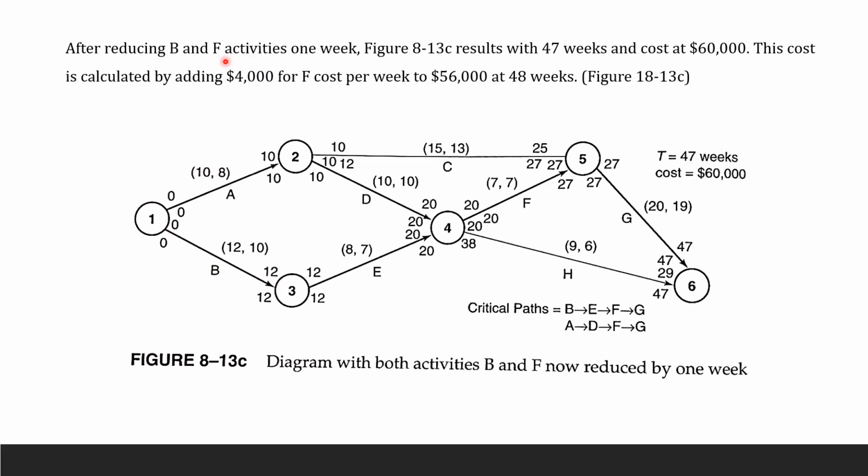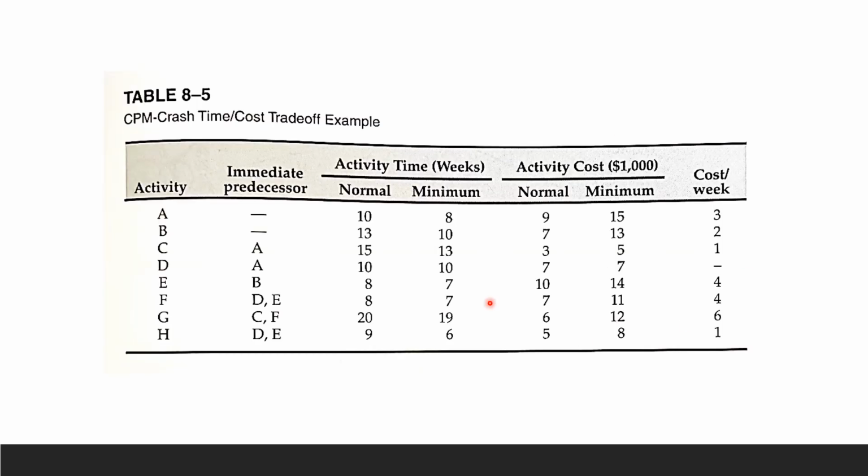We're going to reduce activity F this time. Activity F is costing you $4,000 per week. So add that, and you're going to get 60,000. Here, check: this is your activity F right there, and this is your line. So $4,000 per week is the cost to reduce. 1 week is going to cost $4,000 to push the project down 1 week.